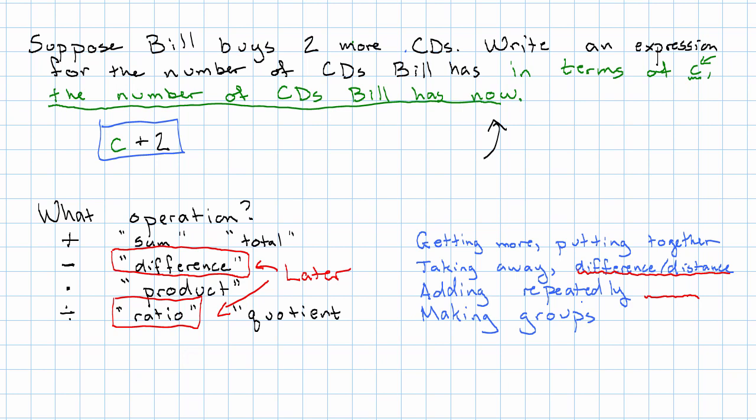Addition is an operation about putting things together. Subtraction is an operation that's about taking things apart or figuring out how different things are. Multiplication is an operation that's about adding repeatedly. Division is an operation that's about splitting things into equal groups.